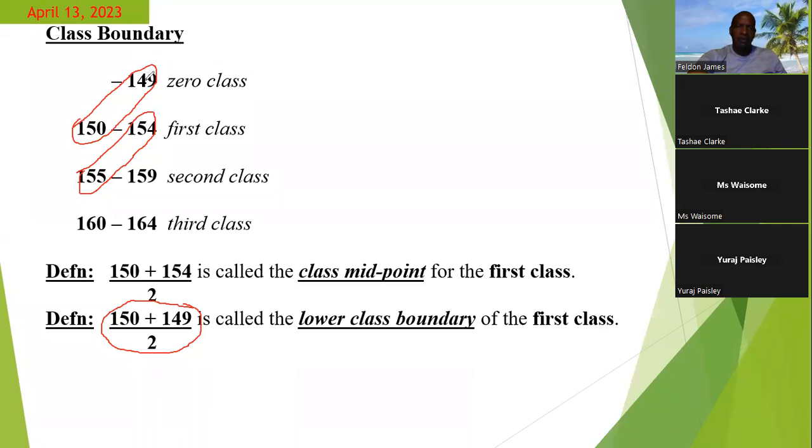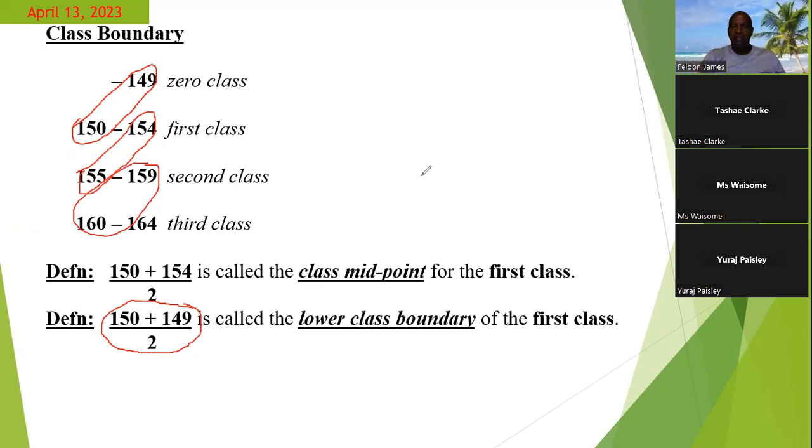You take away from this class up here, the 149 from the 150, what's the difference? 1. If you take away 159 from 160, what's the difference? 1, sir. So is it clear that all the classes have a difference of 1 between their upper limit and the lower limit of the next?